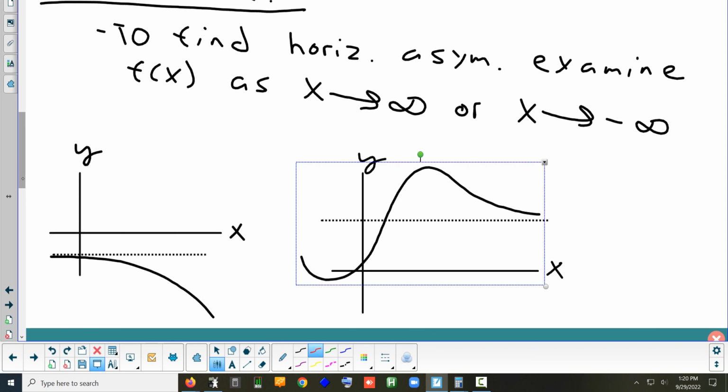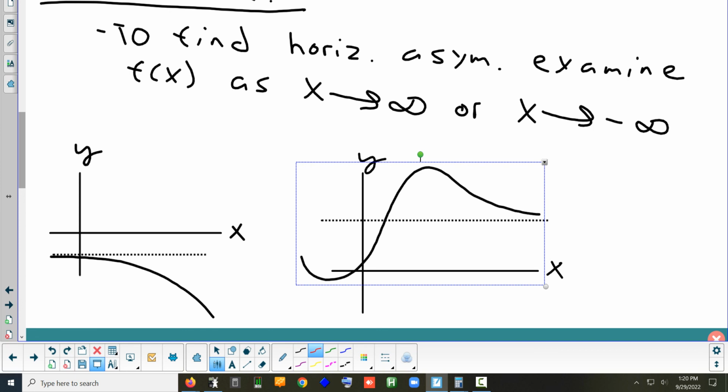When we talk about asymptotes, we don't care what happens when we're only at like x equals 5 or 10. We care what happens when we're at like x equals 1,000,000. What happens when you're really, really far down? So if it crosses here, that's fine. But as I continue heading to the right, it is getting closer and closer and closer.